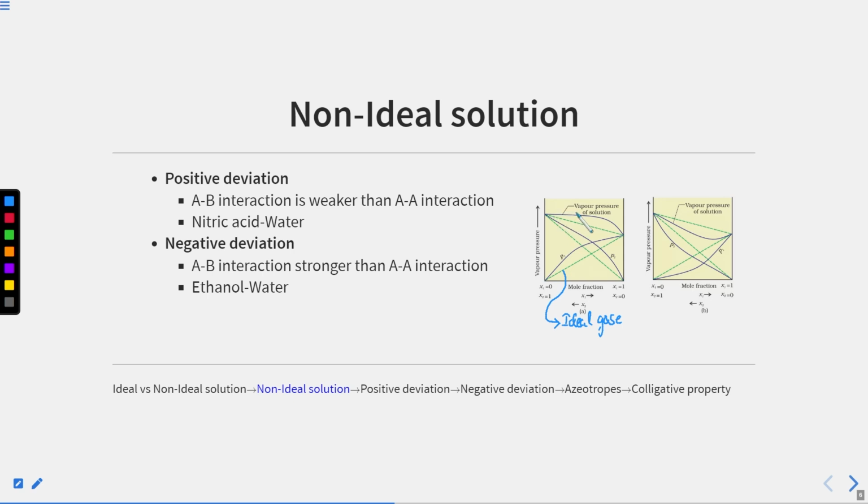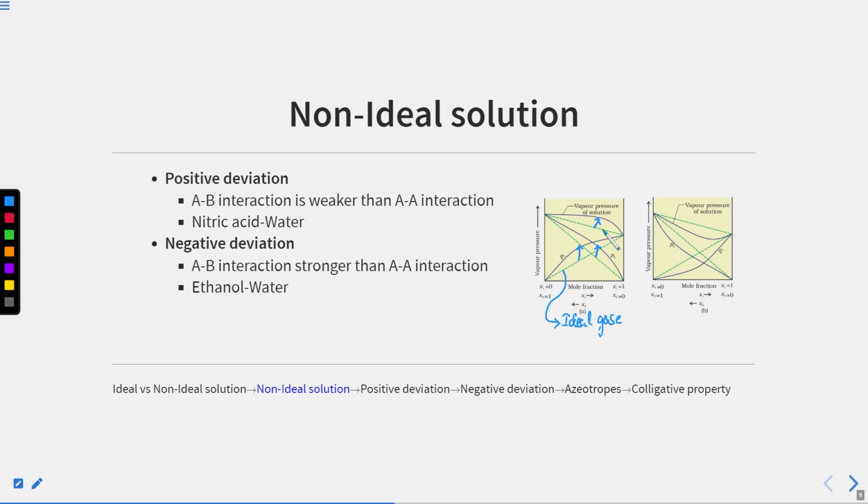It has a hump over the ideal condition. On all of this you can see you are having a hump, and the pressure is rising by a positive value. Here also the pressure has increased, and here also the pressure has increased.